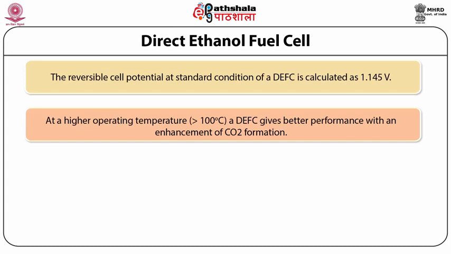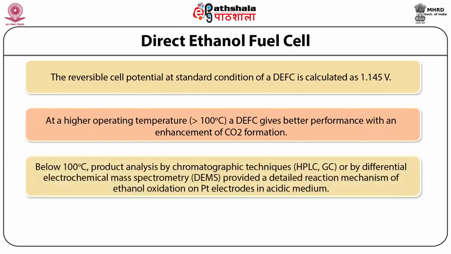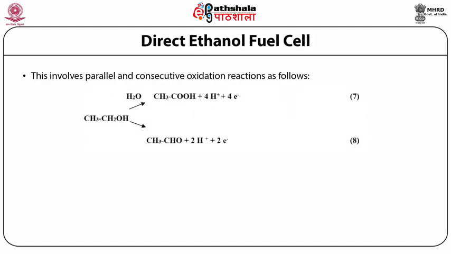Below 100 degrees Celsius, product analysis by chromatographic technique or by differential electrochemical mass spectroscopy provides a detailed reaction mechanism of ethanol oxidation on platinum electrodes in acidic medium. This involves parallel and consecutive oxidation reactions.